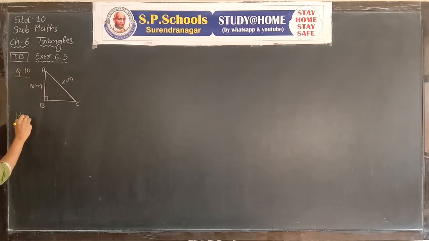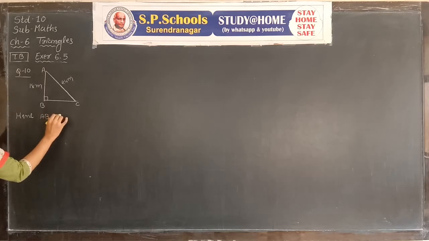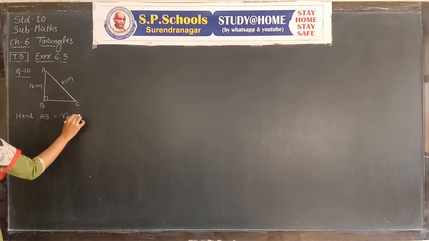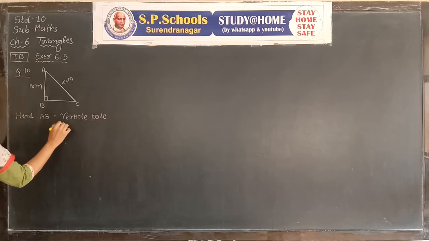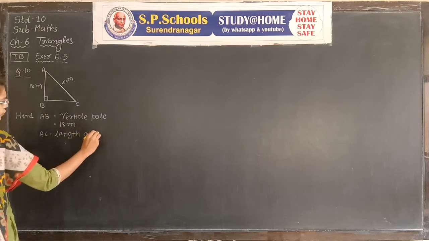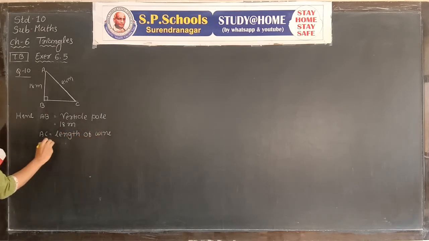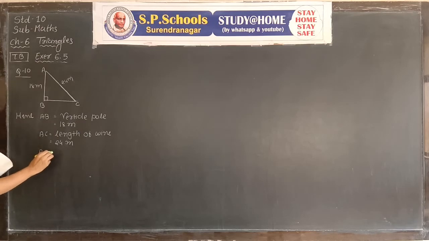Here in the figure, AB is the vertical pole. The height of the pole is 18 meters. Next is AC. AC is the length of the wire, equal to 24 meters.